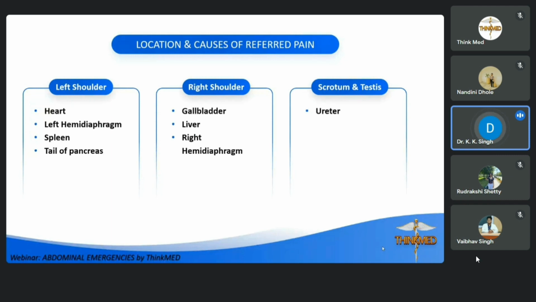One, just remember that left shoulder, if there is referred pain or radiation of the pain, you must get alert for cardiac conditions. Right shoulder, if you have to remember one.